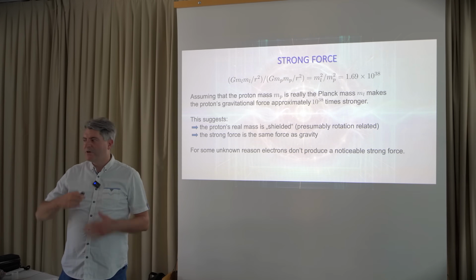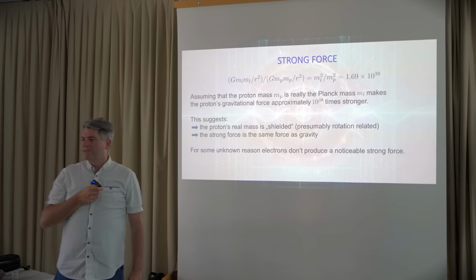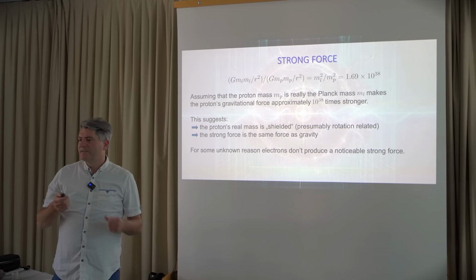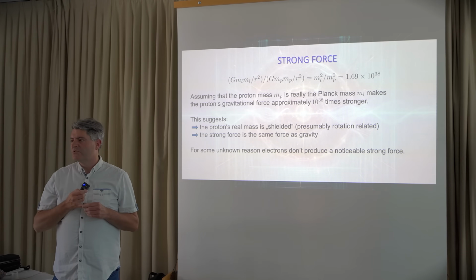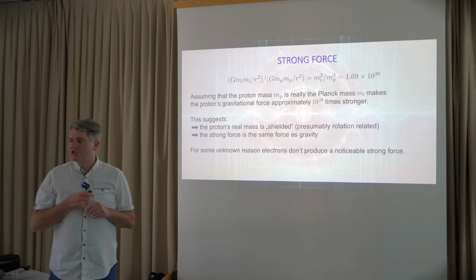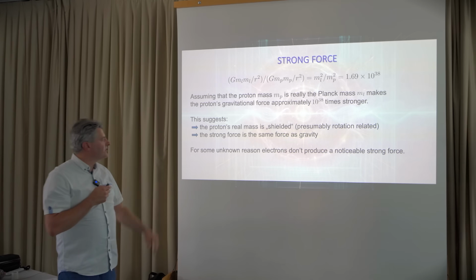And this is pretty much what everyone is saying, that the strong force is stronger than gravity. So I think this is a hint that the actual mass of the proton might be even bigger than we know. It might be that the mass we measure is somehow shielding the real mass. But this is getting more into speculation.